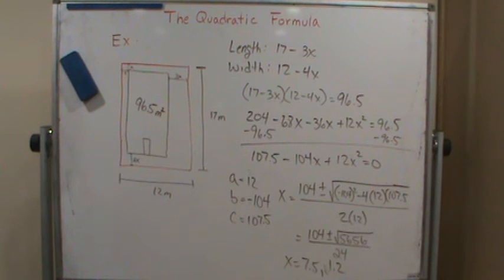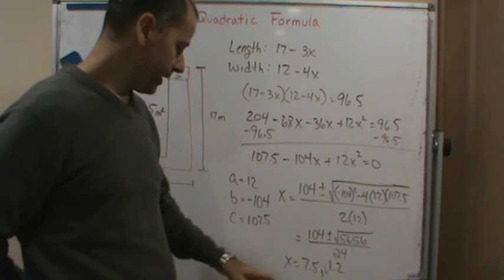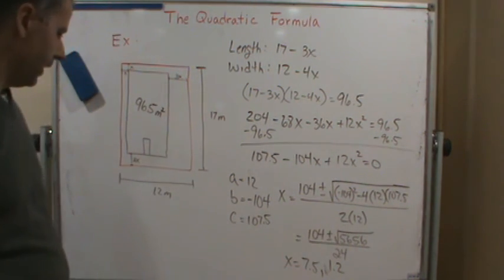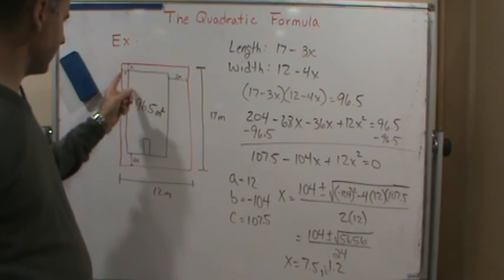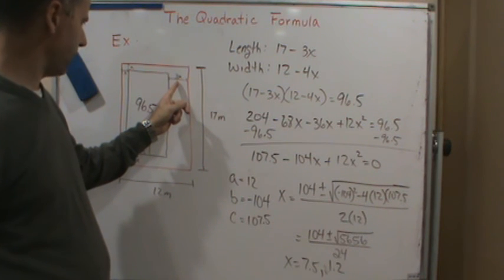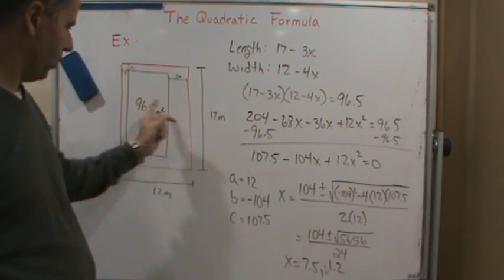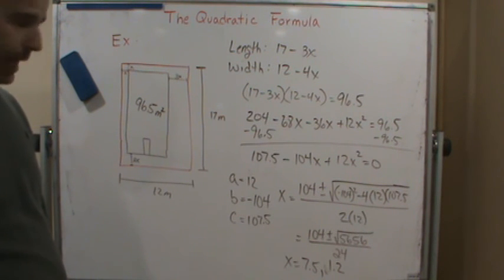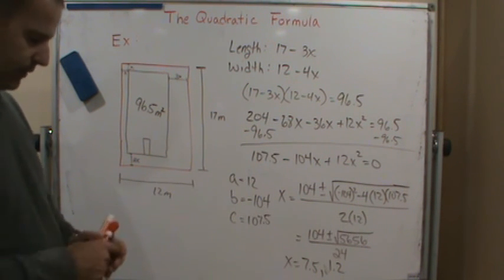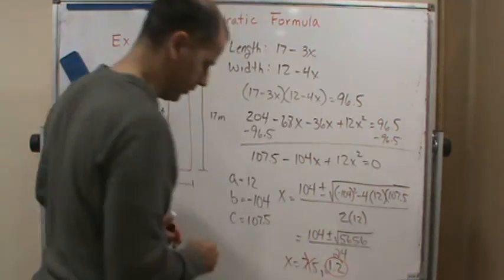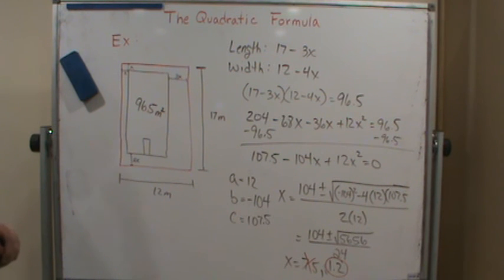Now, if you think about it for a minute, or even for a second, we can't have x equal to 7.5 meters because if this is x and this is 3x, we're already past the whole width of the patio, so that can't be right. So 7.5 can't be right. So it has to be the 1.2 meters.